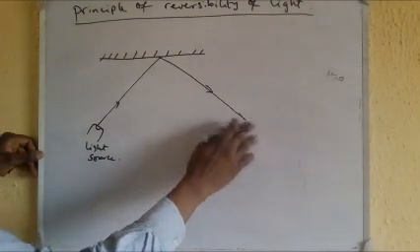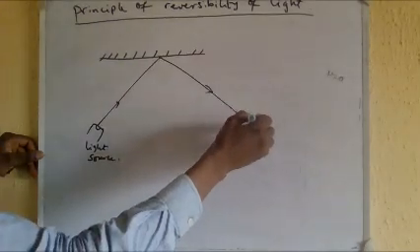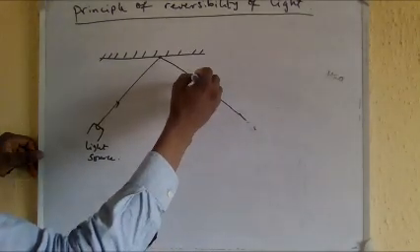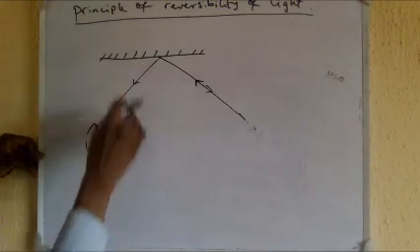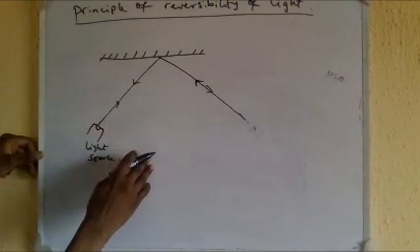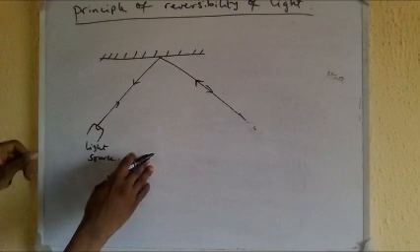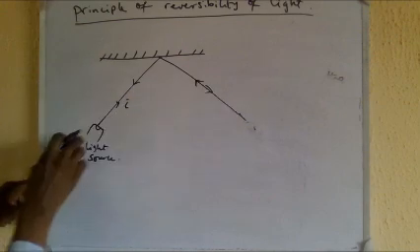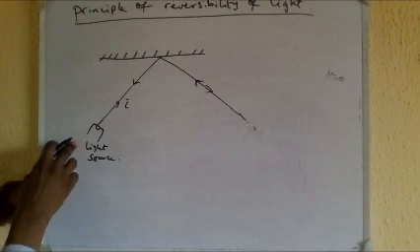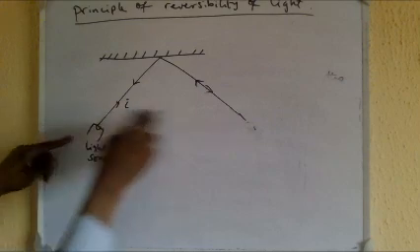I can still be at this point and take this as my incident ray and this as my reflected ray.